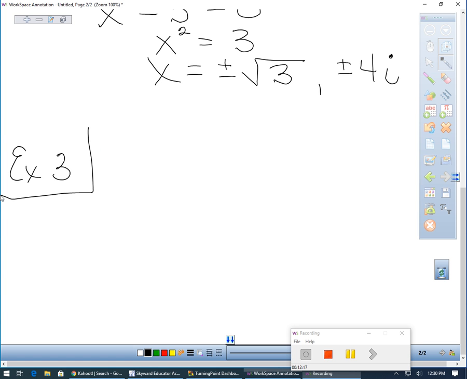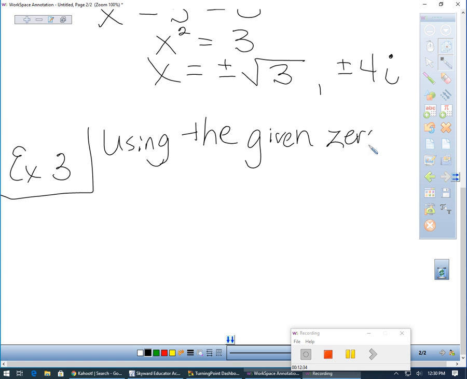And your directions are going to say, using the given 0, find all zeros of the function.